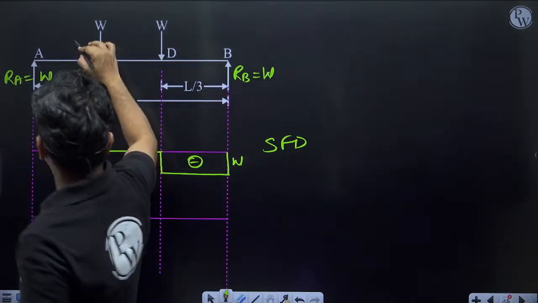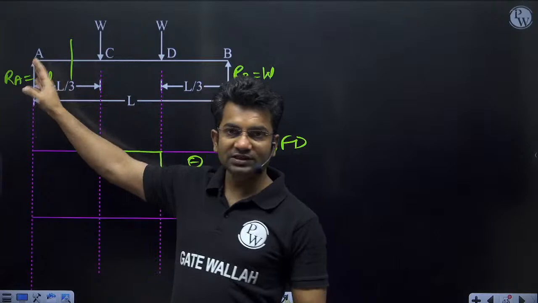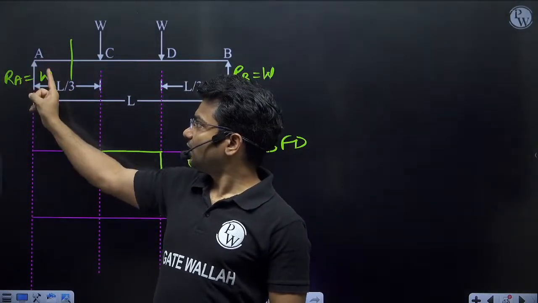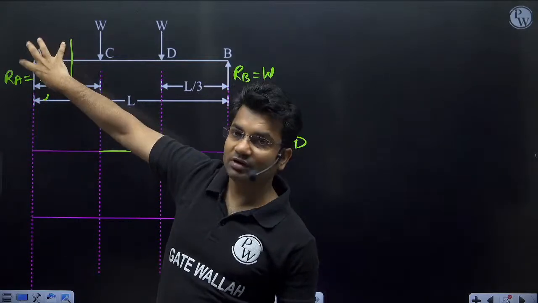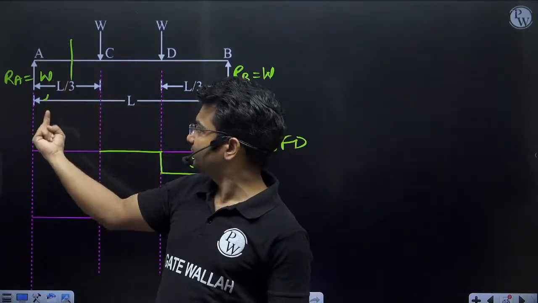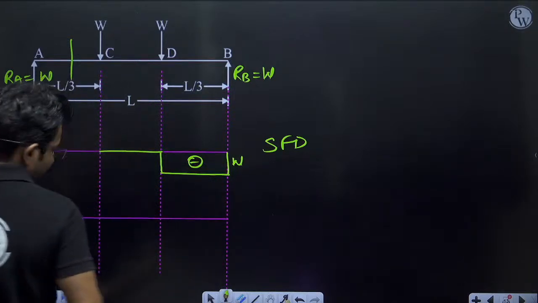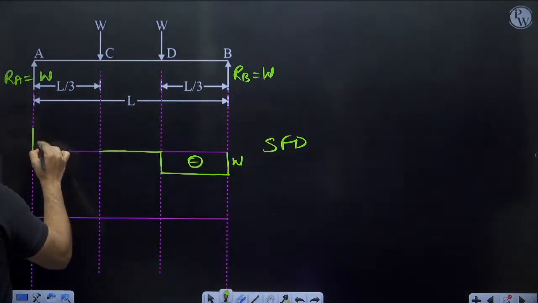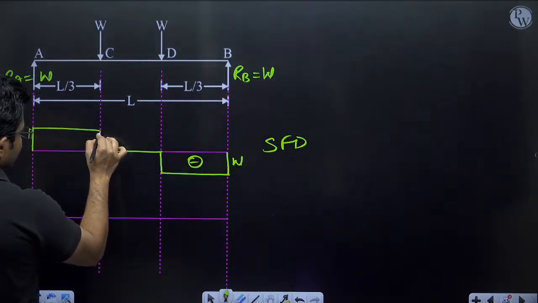And if I want to find out here, so it will be easy if I do summation from this side. So if I do summation from this side, this will be giving me positive clockwise rotation. Clockwise rotation, that means it will be positive and magnitude will be equal to W. Okay, so this will be the magnitude.